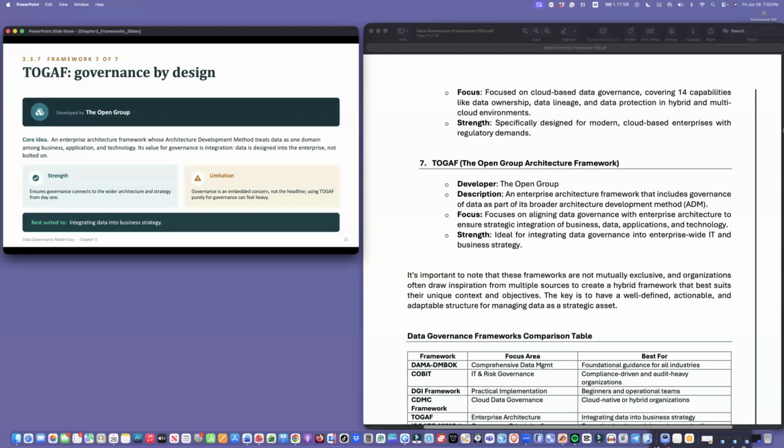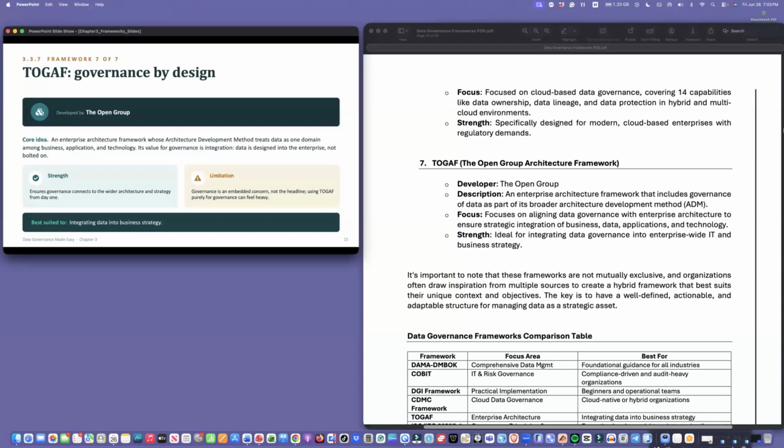So governance is developed at the architecture of the whole organization, at the architecture of the whole IT framework for the organization. When we start thinking about deploying IT in the organization, when we are at the blueprint, we factor in the governance of the data. So it is good for integrating data into business strategy.